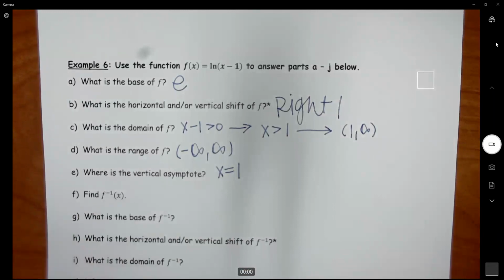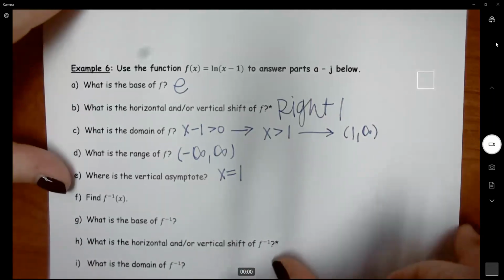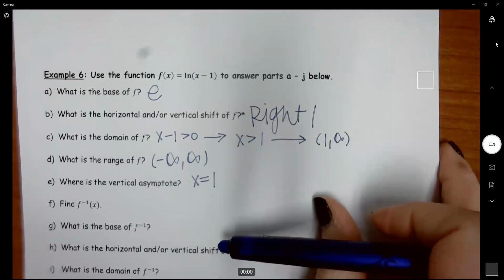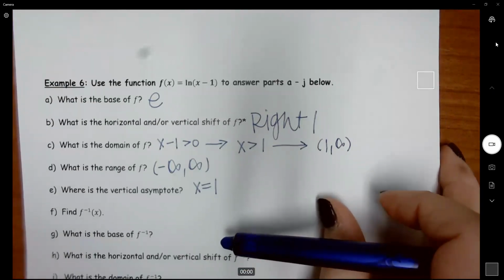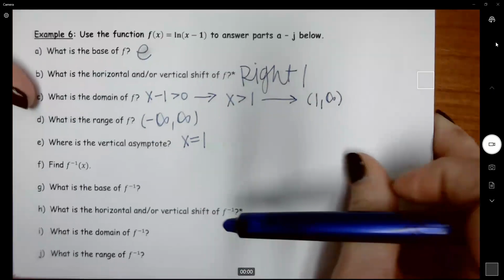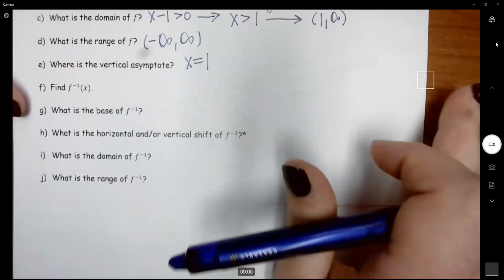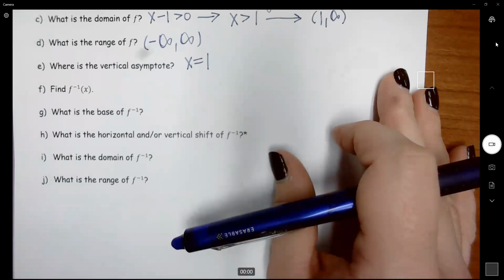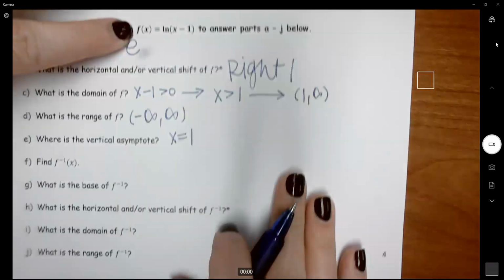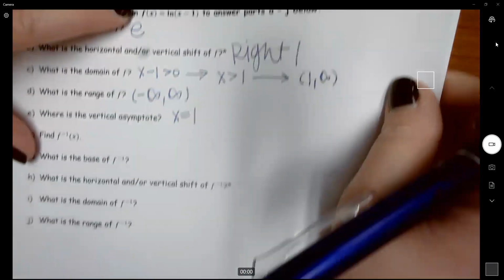So now part F, we need to find the inverse. So you should have some room at the bottom. Let's use that room here at the bottom to find the inverse. I'm going to write this as y equals instead of f of x.